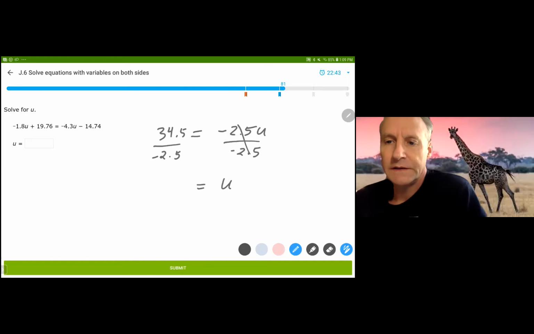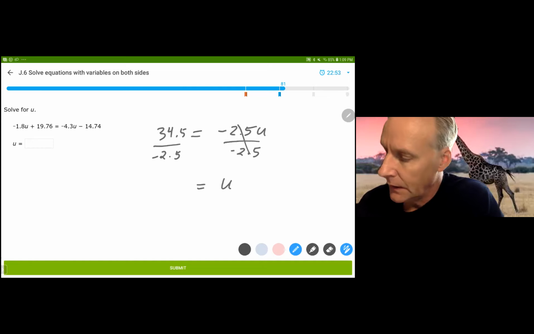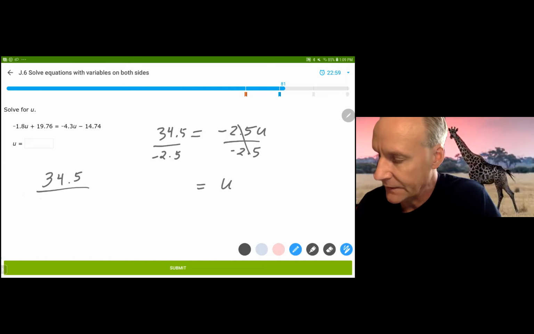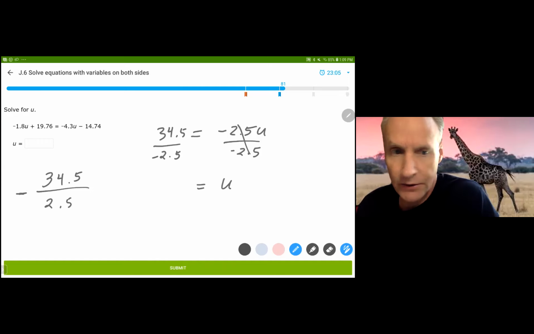Now, instead of just grabbing my calculator and automatically doing the problem with the calculator, I'm going to show you something. Anytime you have decimals like this, 34.5, I need to remember that that is a negative 2.5. My answer is going to be negative. I could leave the negative in the denominator, put it in the numerator, or put it out in front like it does in your book.